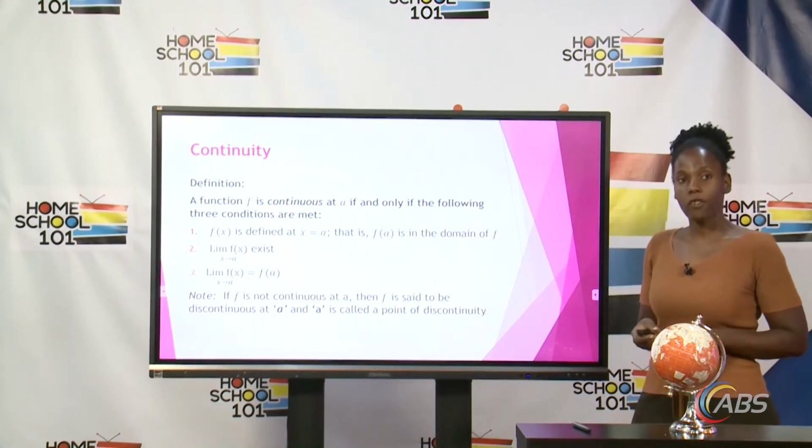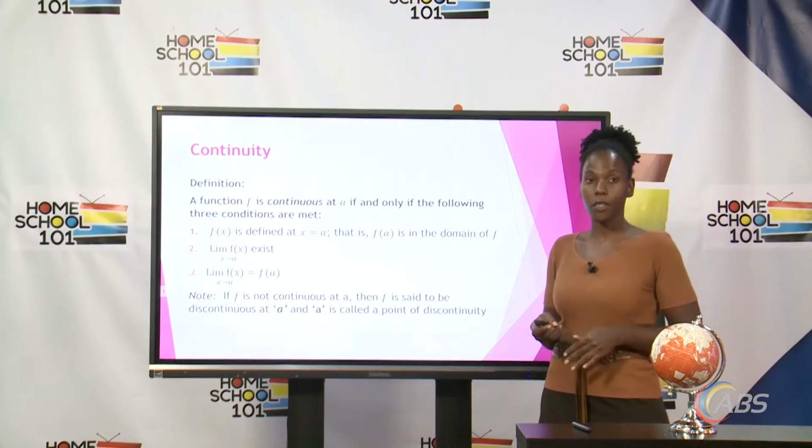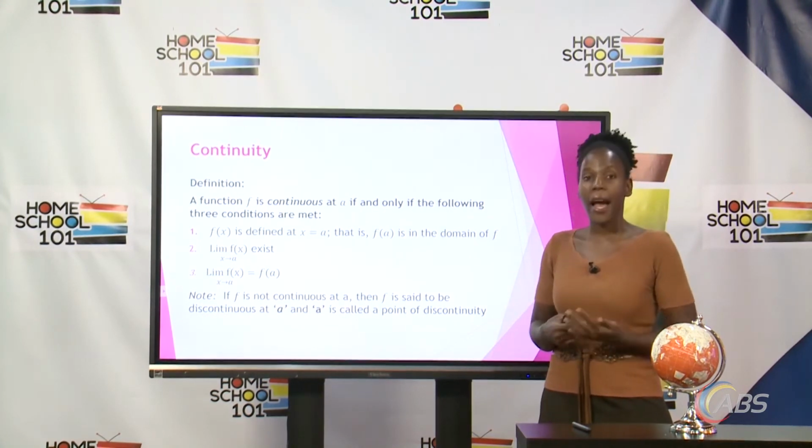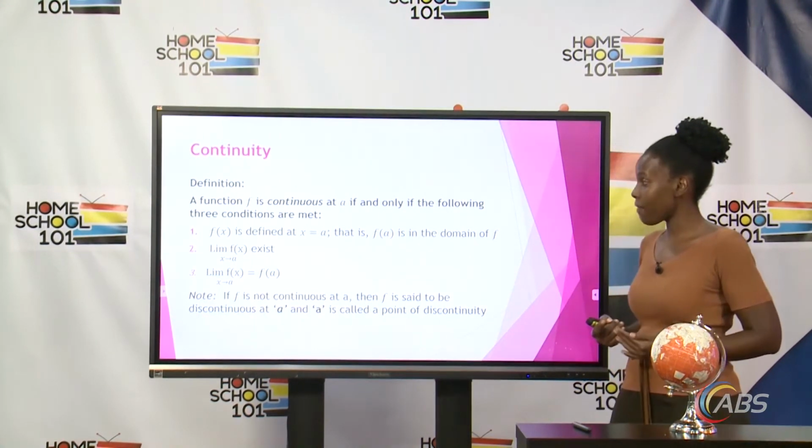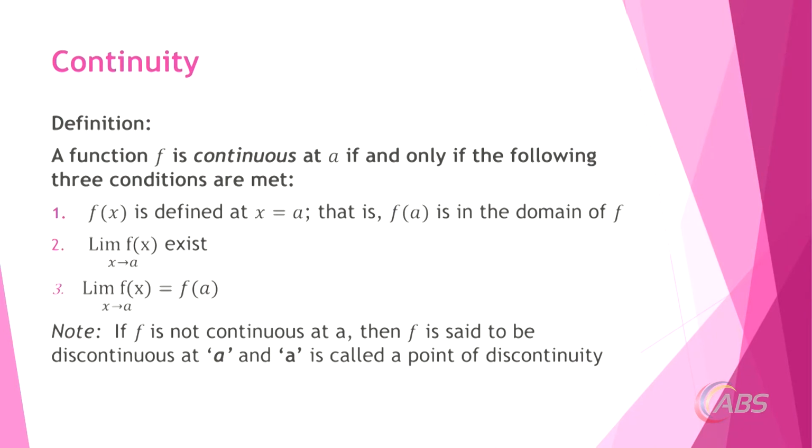The final section we will look at for limits and continuity is continuity. And the definition of function f is continuous at A if and only if the following three conditions are met. So the first condition is that f of x is defined at x is equal to A. The second condition is that the limit must exist.